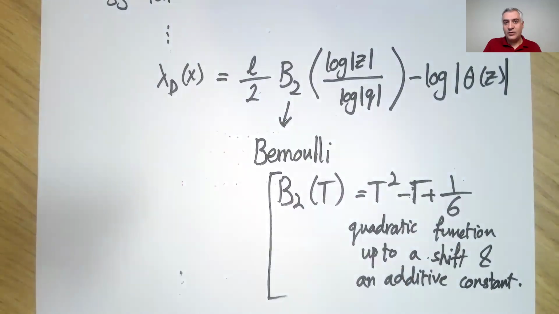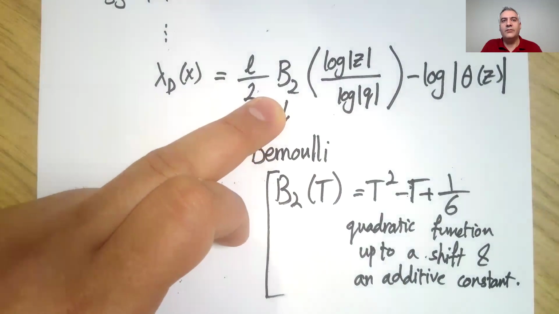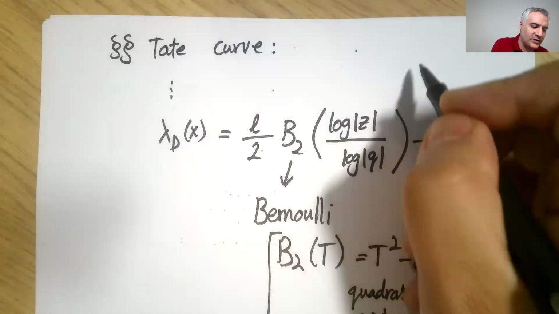And I want to advocate, and we justify in our paper, that this is really the contribution coming from F trop of the tropicalization.